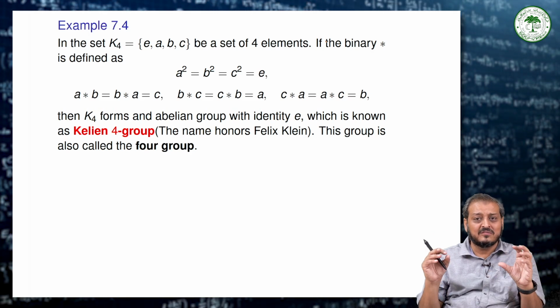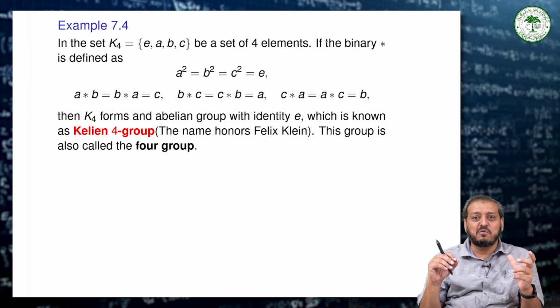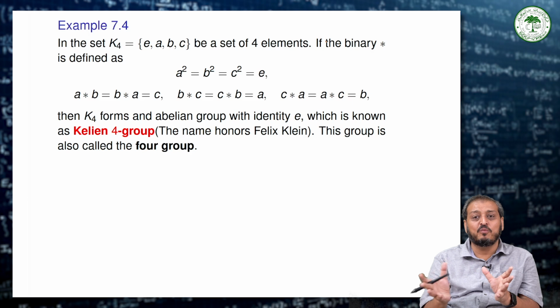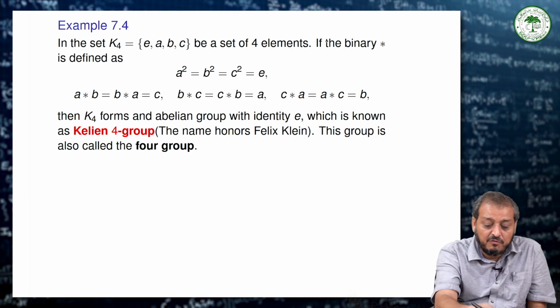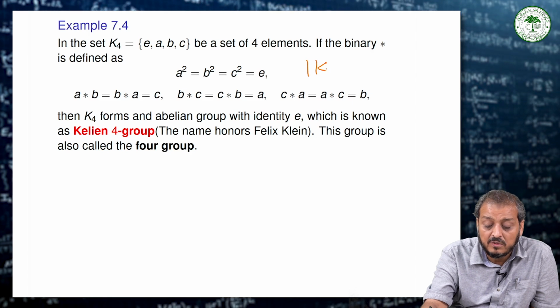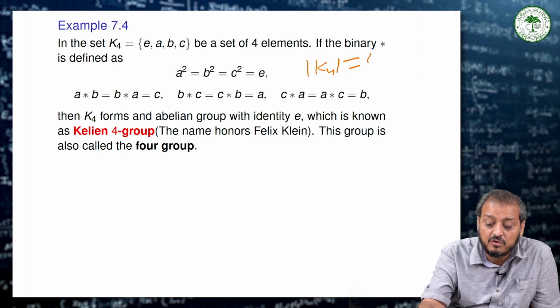Klein is a German word meaning small, you have to know that. This group is also called a 4 group, because in K4 the size of this group is equal to 4.